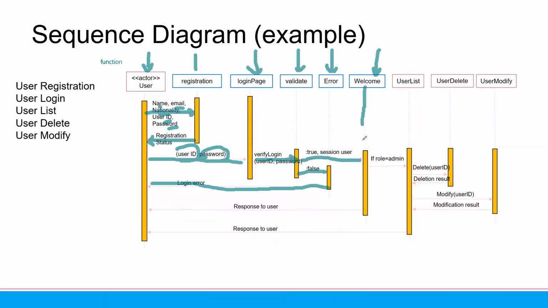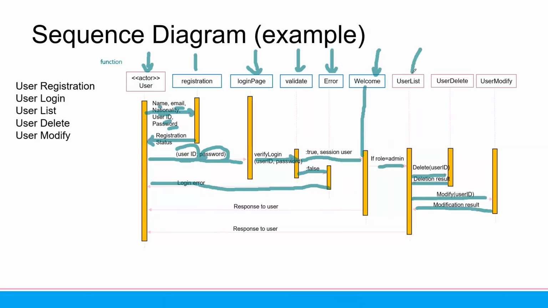When it is in the welcome page, you can check whether the role is admin or not. If the role is admin, then the user can delete and it can show the deletion result. The user can modify and the admin can see the modification result.